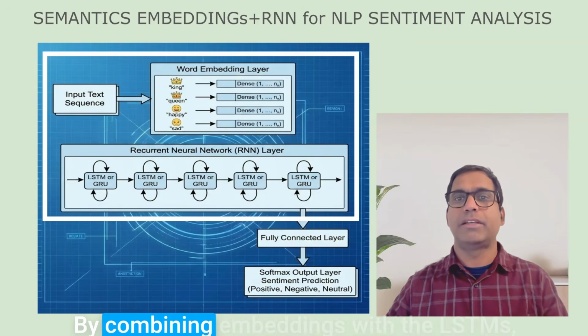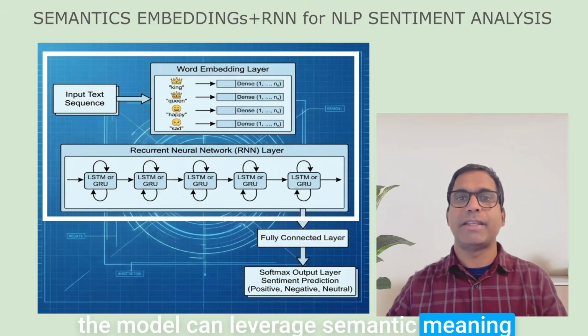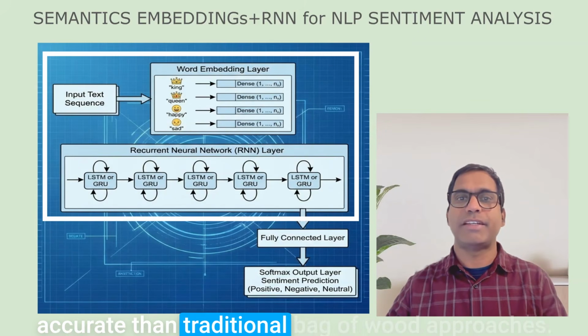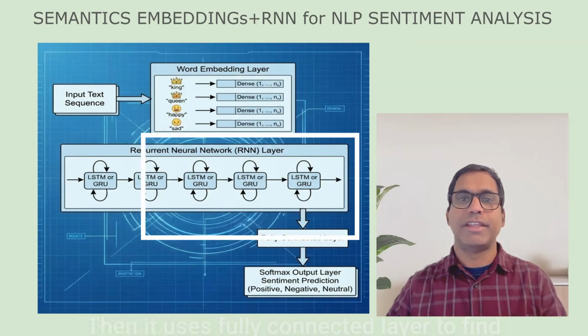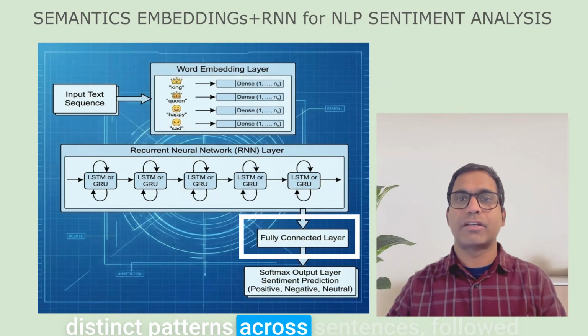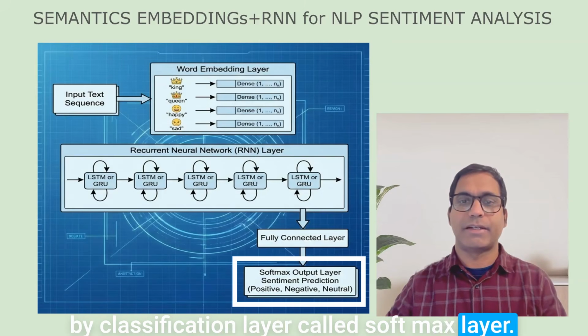By combining embeddings with LSTMs, the model can leverage semantic meaning and sequential context, making it much more accurate than traditional bag of words approaches. Then it uses a fully connected layer to find distinct patterns across sentences, followed by a classification layer called the softmax layer.